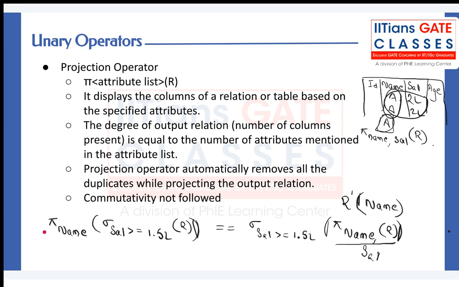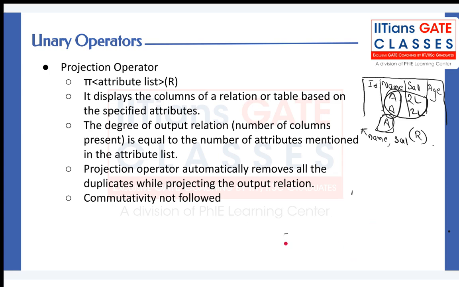Can I erase this, Vishnu? So what I wanted to say was, look at the earlier point. I asked you a question that the age should be more than 23, as well as that the salary should be more than 1.5 lakhs.